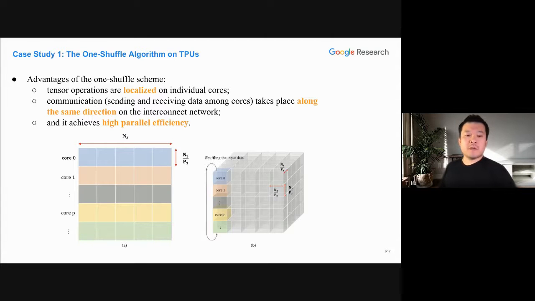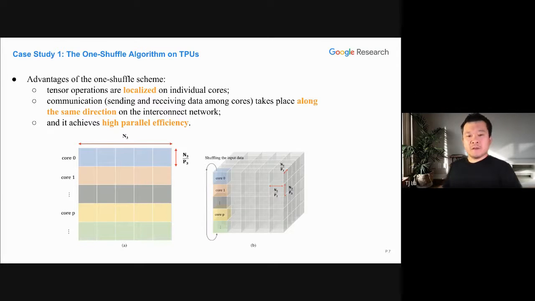In the one-shuffle scheme, as the first step, we do a tensor contraction between the Vandermonde matrix and the localized input. This operation is local. And then we shuffle the data along the first dimension.